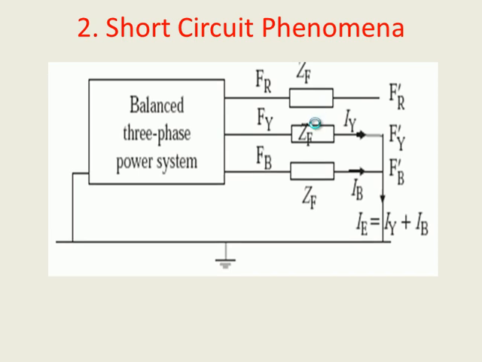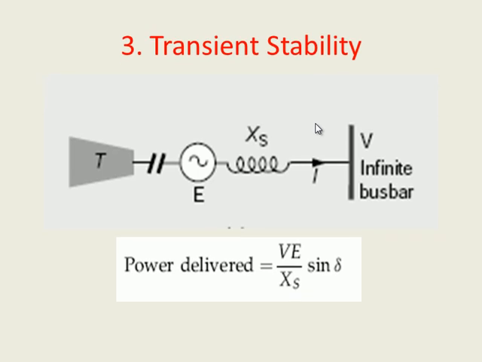Next, the third one, transient stability, or we can say slow transients. Whenever a short circuit takes place at any part of the integrated system, there is an instantaneous partial or total collapse of the bus voltage of the system.